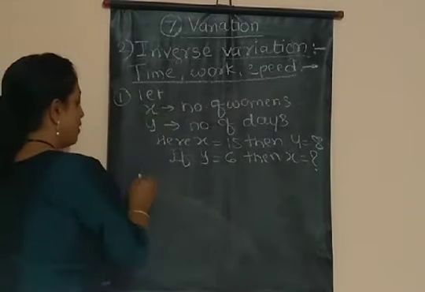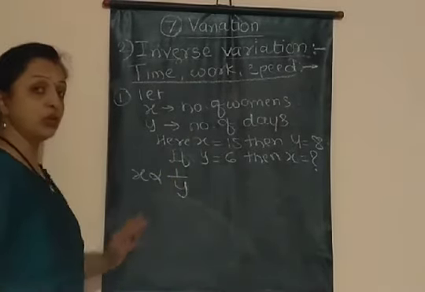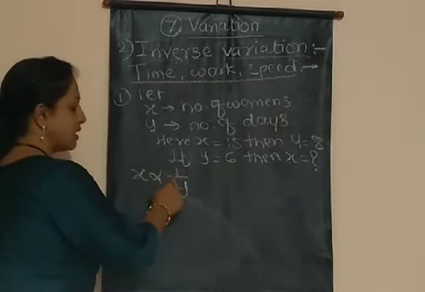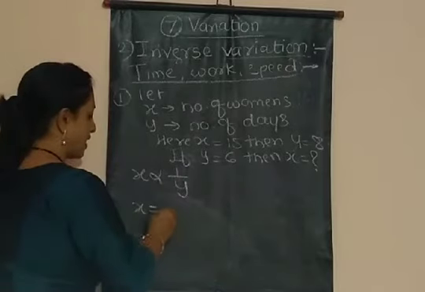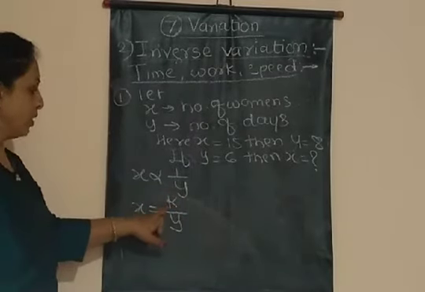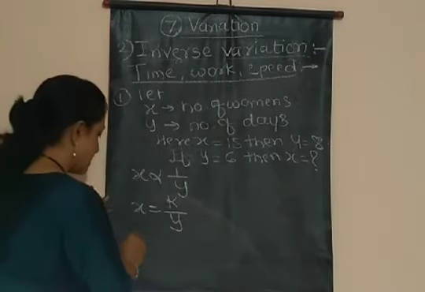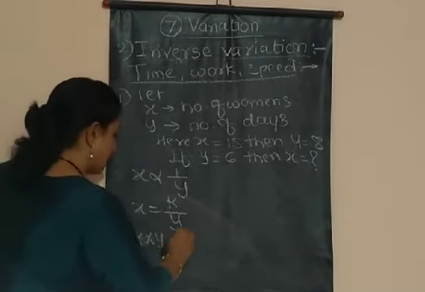So now let us solve. We are given that x is inversely proportional to y. We know this. Then we have to put here some constant of variation. So you can write x is equal to k upon y. We put the constant of variation at the numerator. Then bring this y on this side, so we get x into y is equal to k.